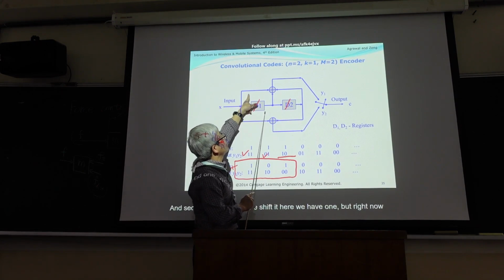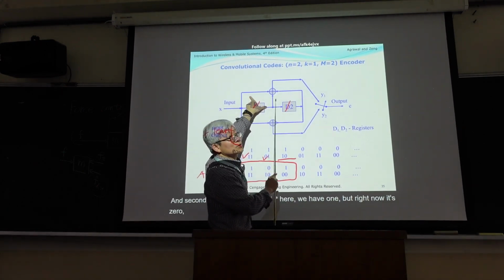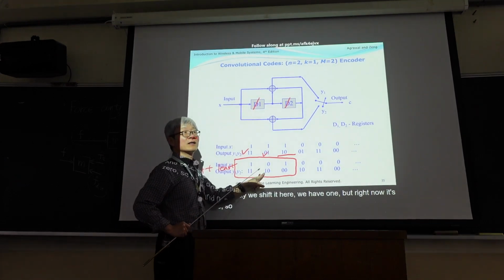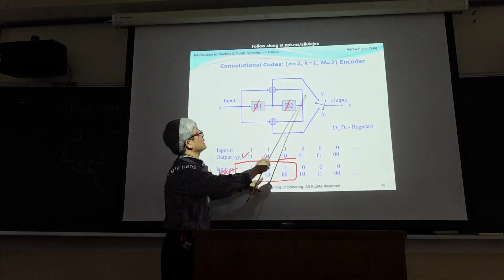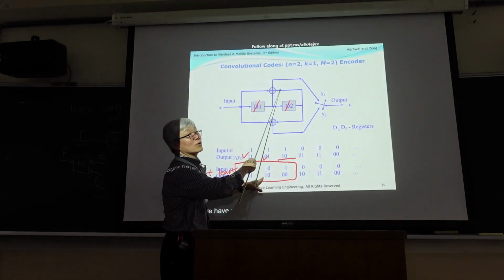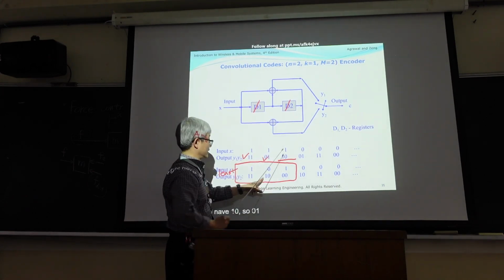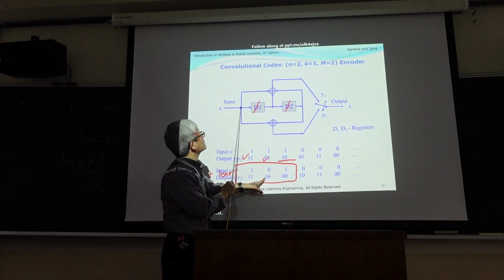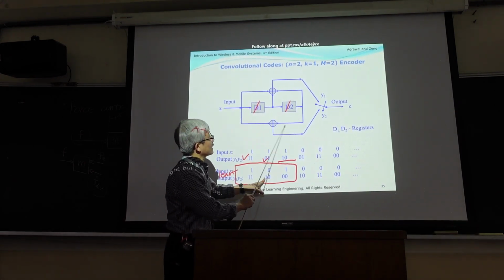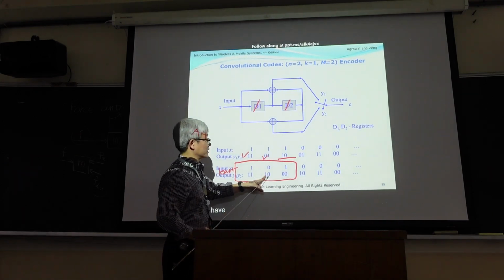So 0, 1, and 0, so it's 1. Right? Here we have 1, 0, so 0, 1, and 0, so it's 1. And here it's 1. Right? But we have 0, and 0 again, so we have 0.